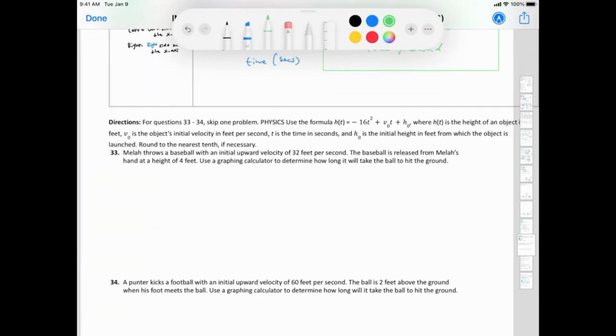Questions 33 to 34, skip one problem. Physics, use the formula h of t equals negative 16t squared plus v0t plus h0. So I'm just going to copy down that formula.